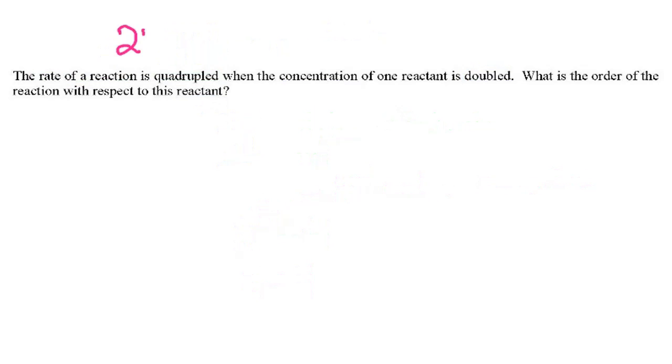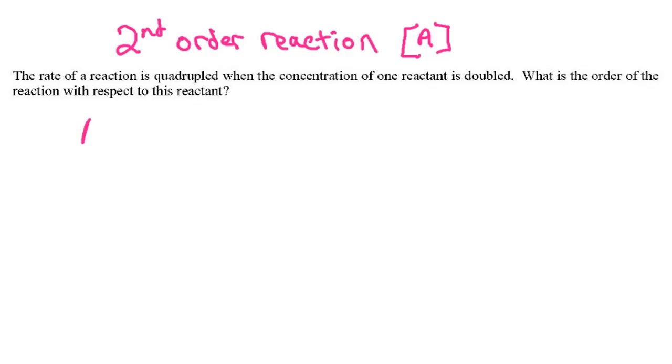Now, if we're working with a second order reaction, and we're dealing with the reactant, and we're just going to call it A, then that means the rate law for this is going to be rate equals the rate constant K times the concentration of A raised to the second power, because it's second order, so the exponent is going to be 2.